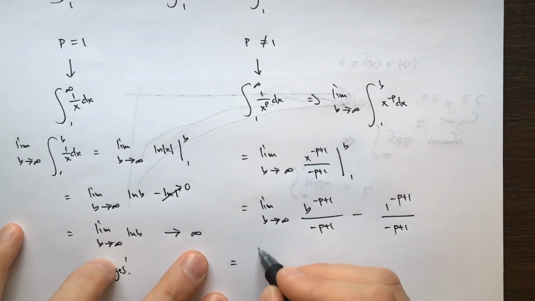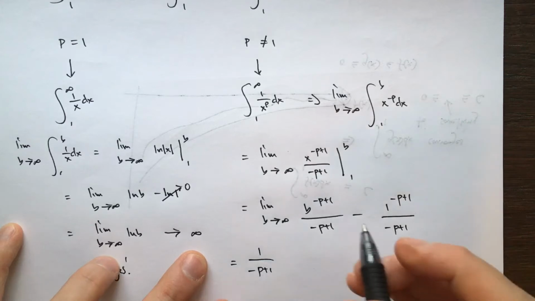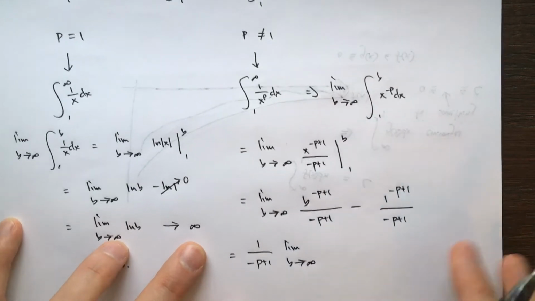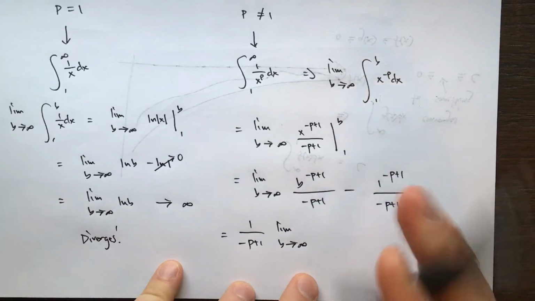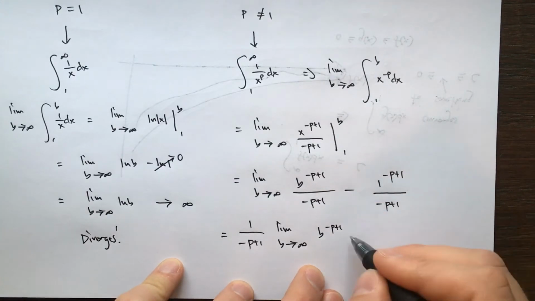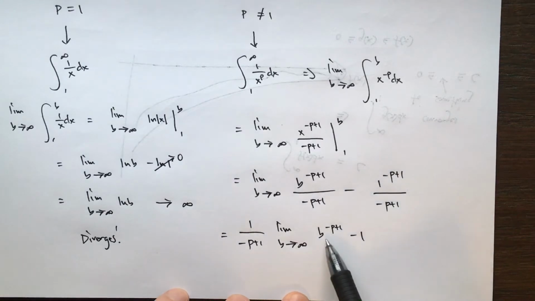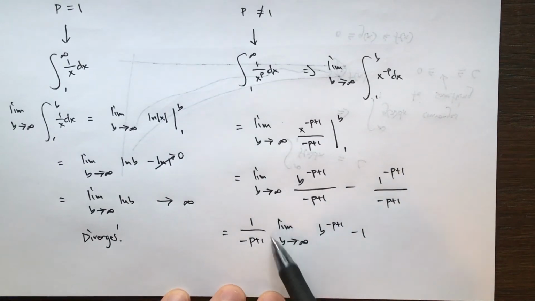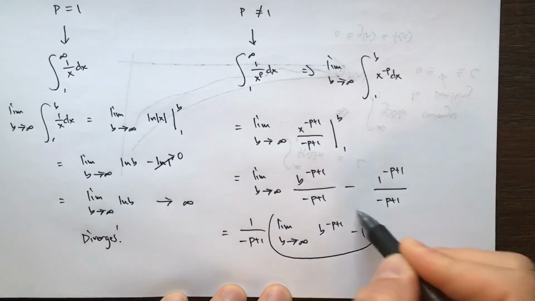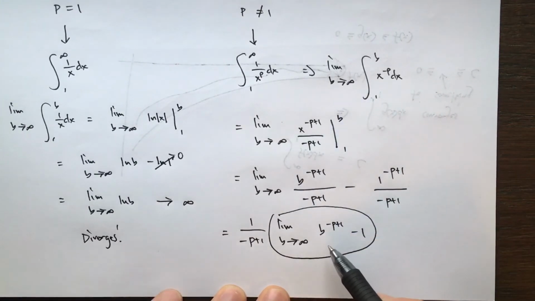I could factor out the 1 over negative p plus 1 if I wanted to, because it's not affected by the limit as b approaches infinity. And this becomes b to the negative p plus 1 minus 1. So really what I'm curious about is this right here. Does this head towards infinity or not?